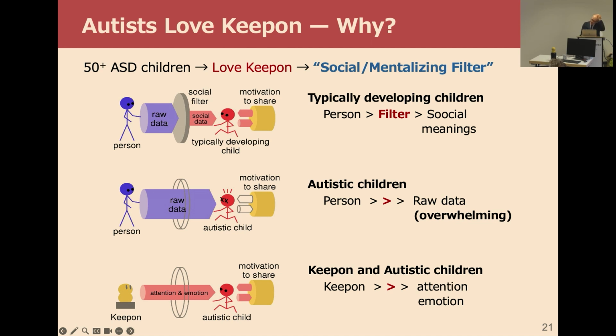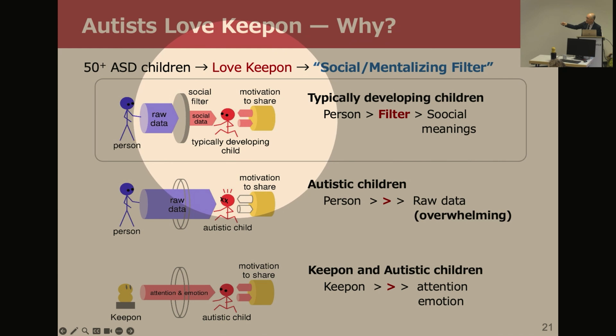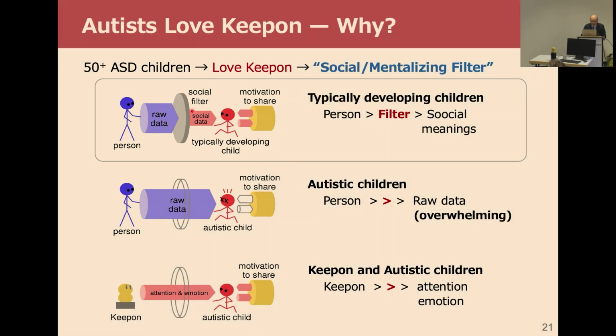So let me briefly describe our hypothesis to explain why. First, we assume a typically developing child over here. A typically developing child has a social filter over here, somewhere in the brain, of course.